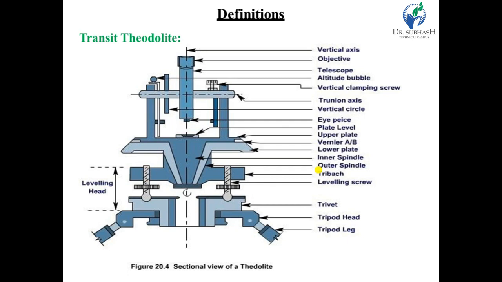Next, plate level. The plate level is the portion where the upper plate and lower plate are fixed. There are both plates, upper plate and lower plate.